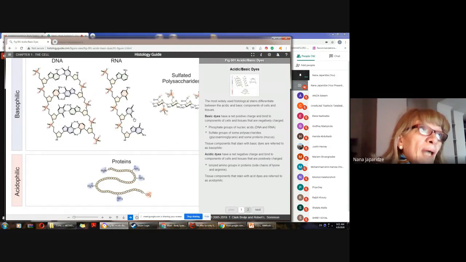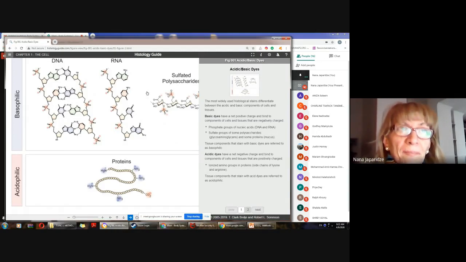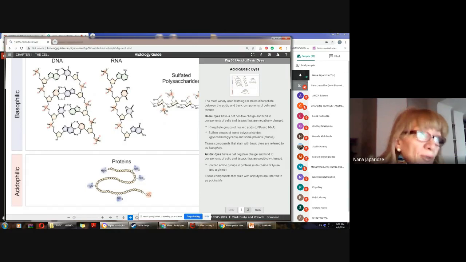So what types of structures in the cell contain a lot of nucleic acids? Of course, the nucleus, first of all, and also we can identify cytoplasm too.